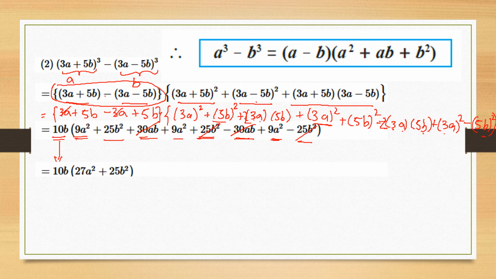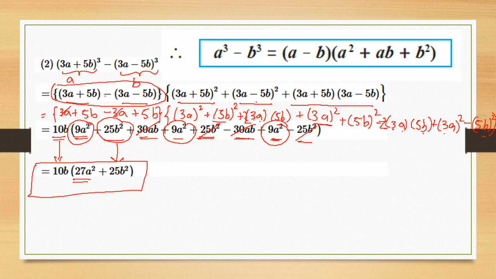Now if you see, this 9a square plus 9a square plus 9a square, if we add 9 plus 9 plus 9, we get 27a square, plus this one term only remaining, 25b square, that as it is. So our final answer for this question is 10b into (27a square plus 25b square).